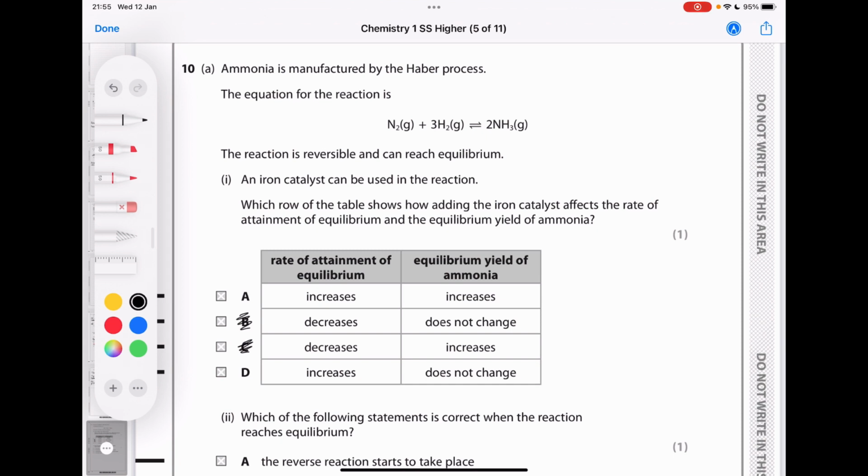Hopefully we also remembered that a catalyst affects the rate of the forwards and backwards reaction the same, and therefore the yield of ammonia does not change. So my answer must be answer D.